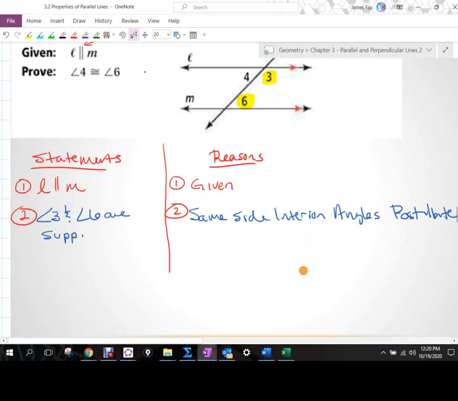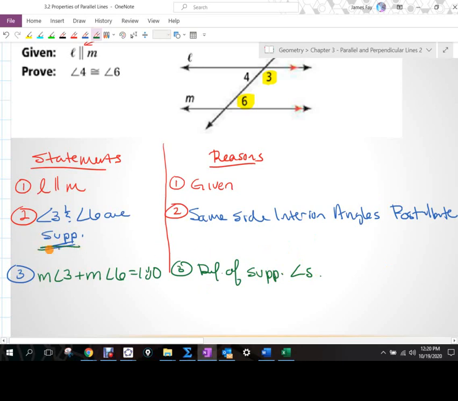So now that I wrote supplementary, I introduced another vocabulary word, right? So now I can actually tell everybody what that vocabulary word means for our particular problem. It means the measure of angle 3 plus the measure of angle 6 equals 180, right? And that's the definition of what? Supplementary angles.